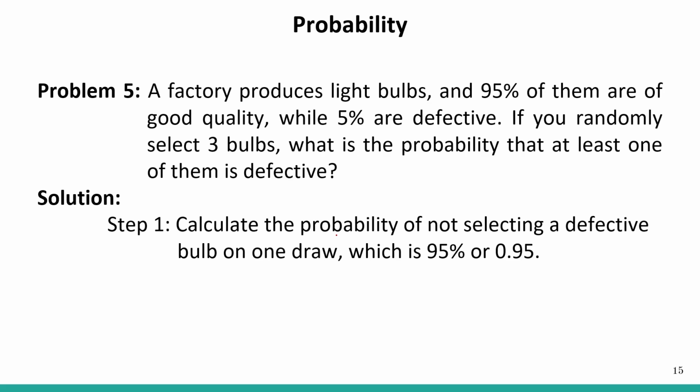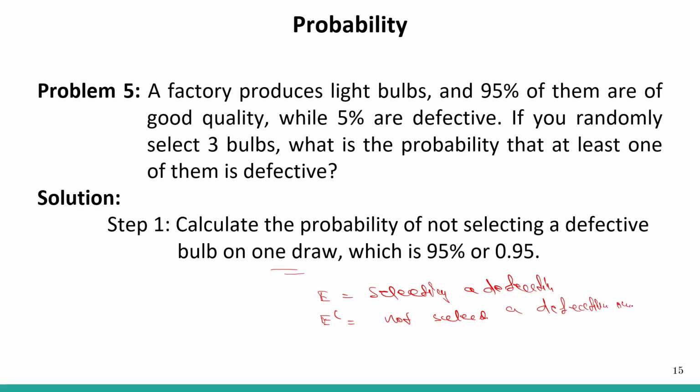So calculating the probability of not selecting a defective bulb in one draw is equal to 95%. If E is selecting a defective one, then EC will be not selecting a defective one.